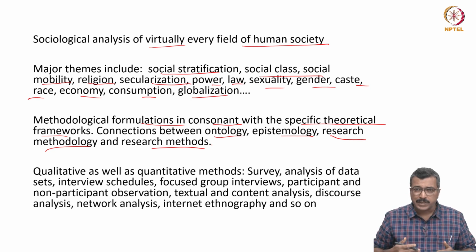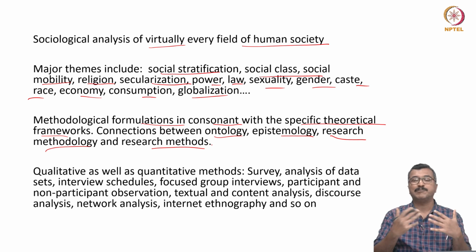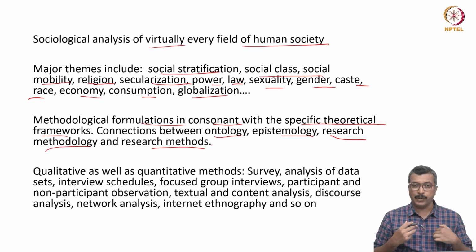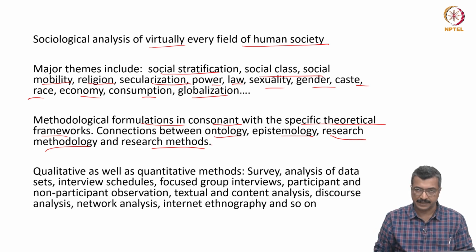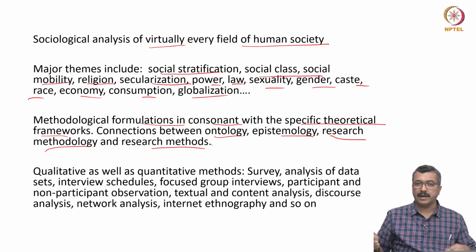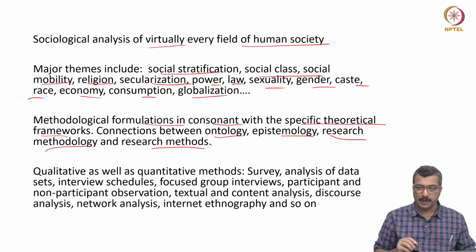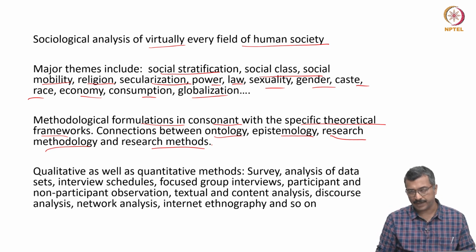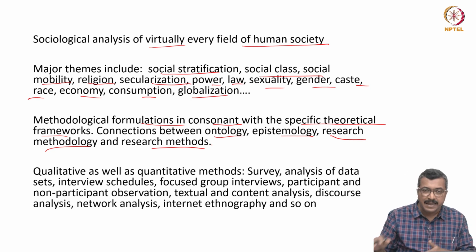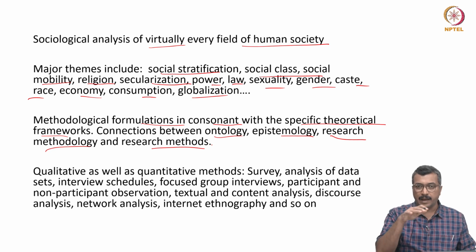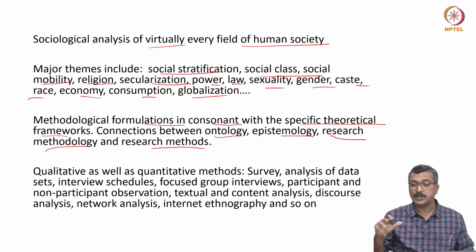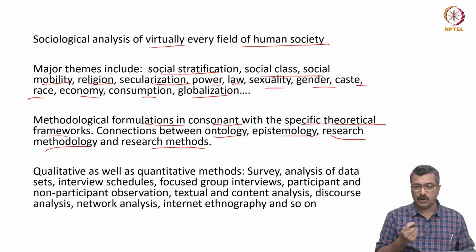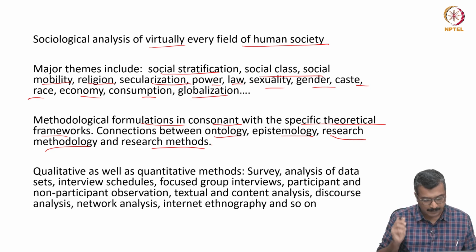The methodology tries to understand how you capture that reality as a discipline, and methods are the specific tools that correspond to your methodological orientation. So there has to be an organic link between your ontological, epistemological and methodological concerns to finally arrive at your research methods.